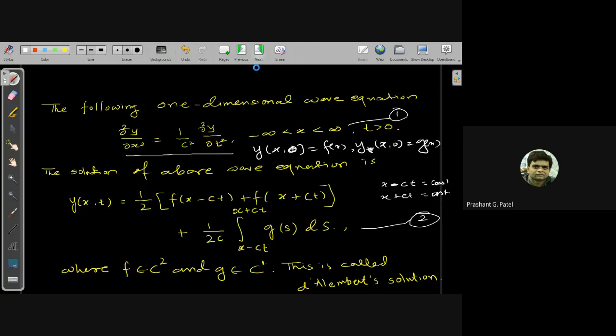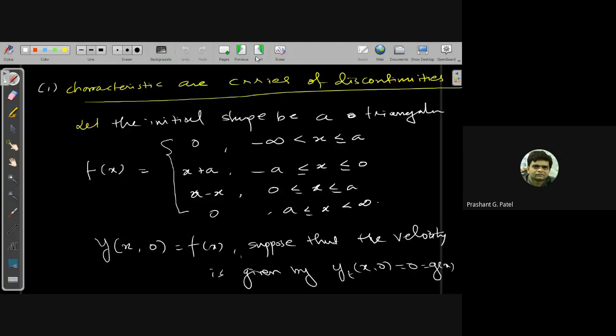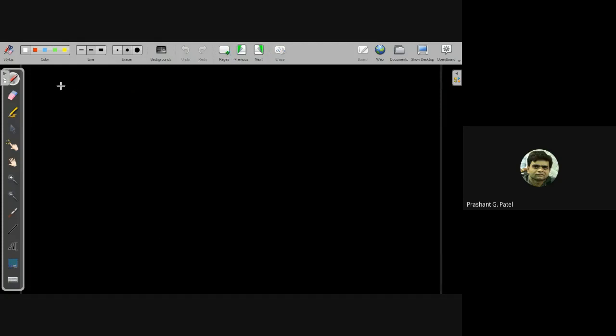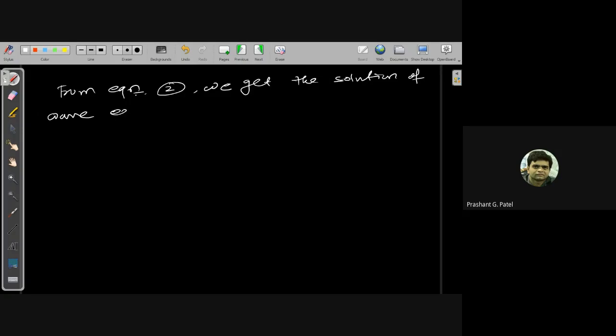So from equation 2, we get the solution of the wave equation as y of x, t is equal to 1 by 2 f of x minus ct plus f of x plus ct.